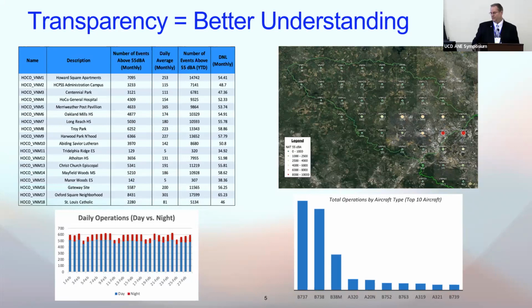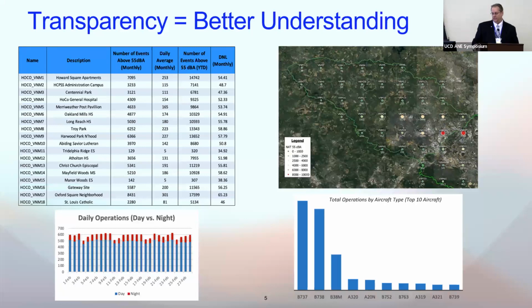But we do 55, 65, 70, we can do anything, though we've settled on 55, 65, 75 normally. And in some places close to the airports, we do some number above 85. Then we give you a little bit of an idea of day versus nighttime operations in the chart at the bottom left, so you can see on a daily basis where the major operations are.